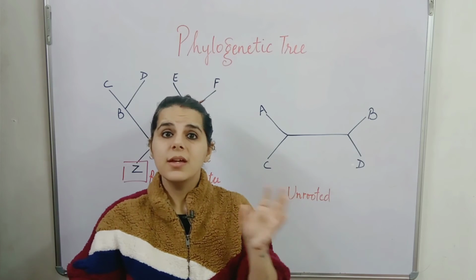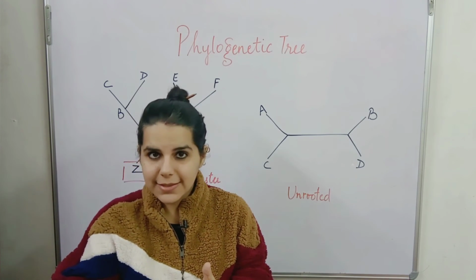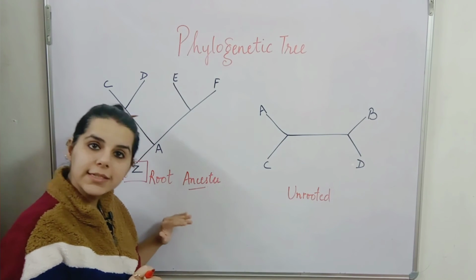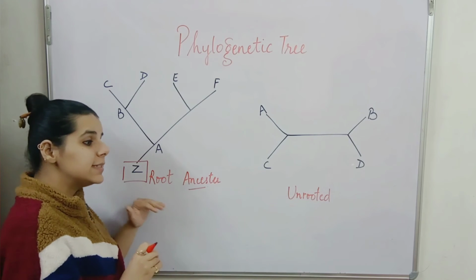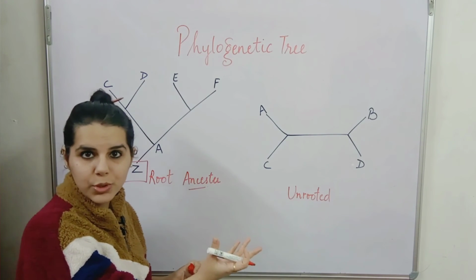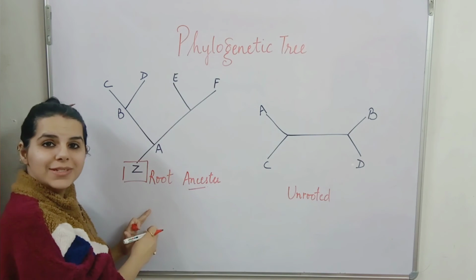It will only give the connection, closeness or the relatedness, what we say, right? But in case of a rooted phylogenetic tree, we have the ancestor as well. We can study from where the different organisms have diverged. Or if we want to go back, then we can also go back to the common ancestor.